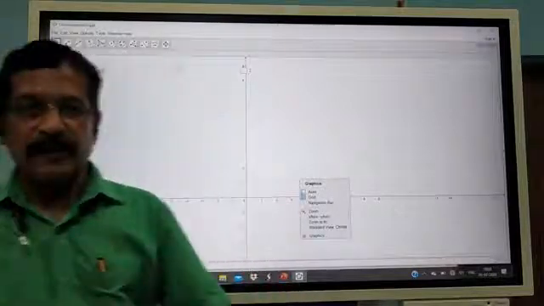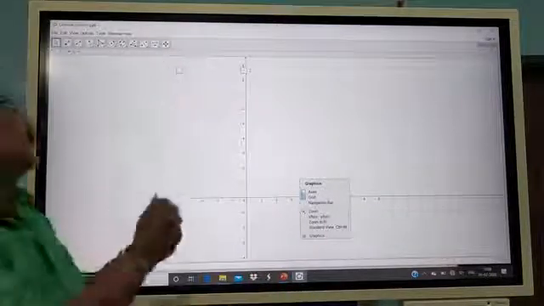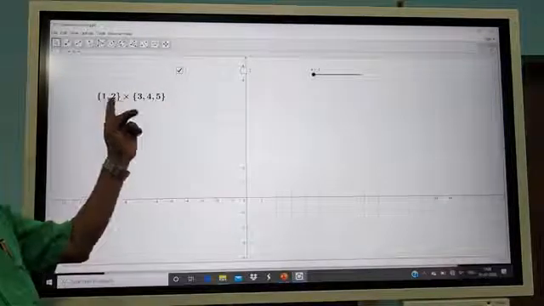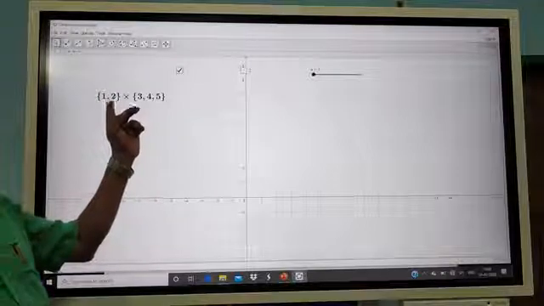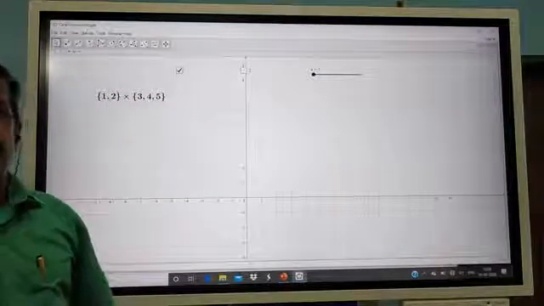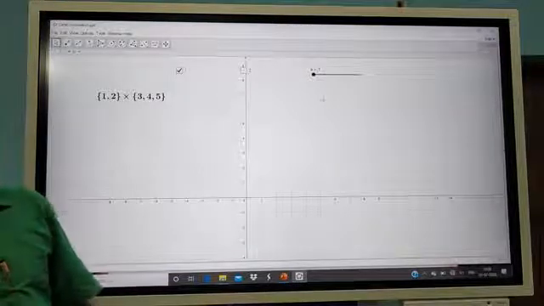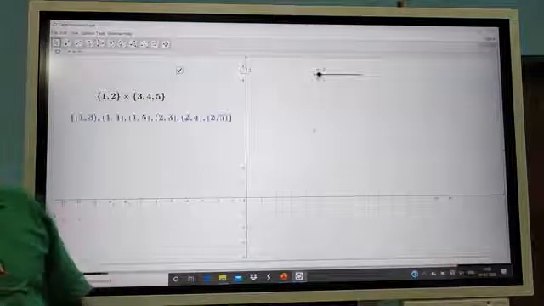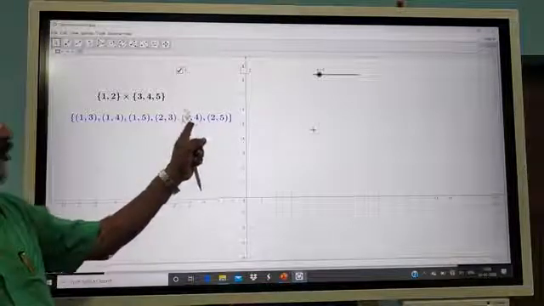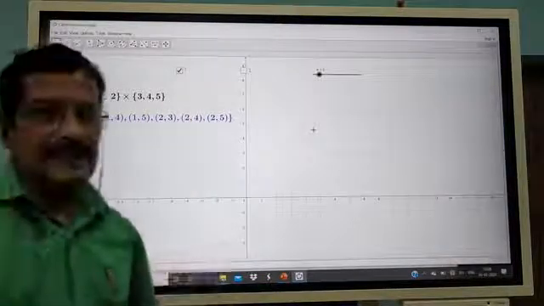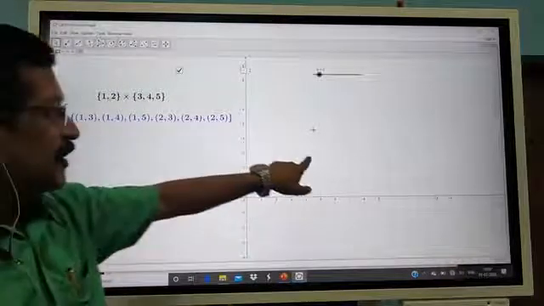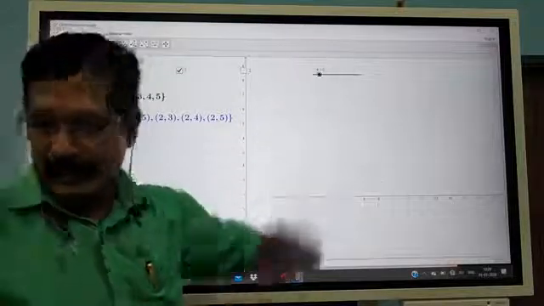Let us have one example. Cartesian product of the set {1, 2} and the set {3, 4, 5}. It is (1,3), (1,4), (1,5), (2,3), (2,4), (2,5). That's it. Now, these ordered pairs can be plotted in this plane.